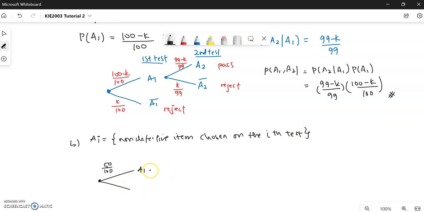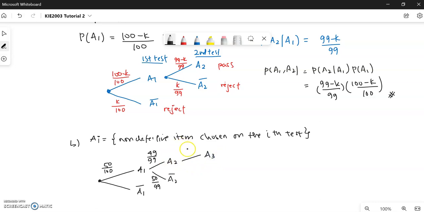We have A1 here, and then this is A1 bar. If the first test is a non-defective item chosen, then you choose another one. So we have A2, and this one becomes 49 over 99, and then A2 bar is 50 over 99, correct? A2 is the non-defective item chosen on the second test.